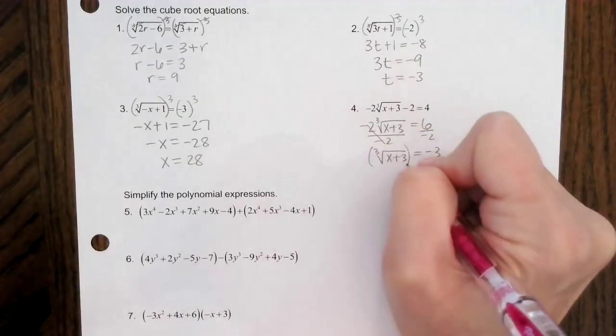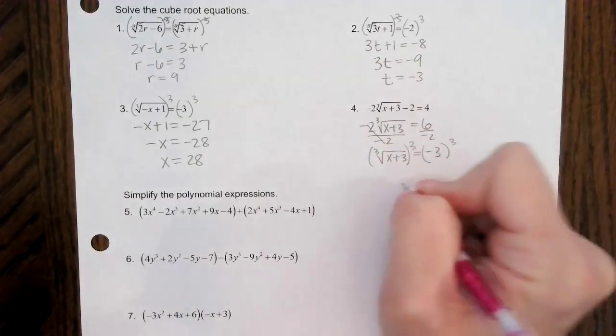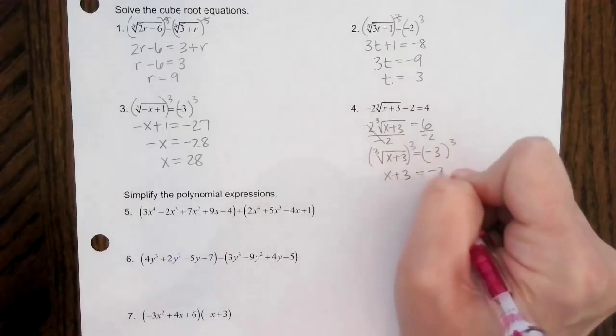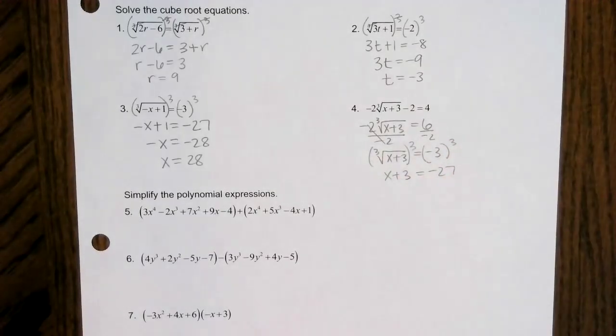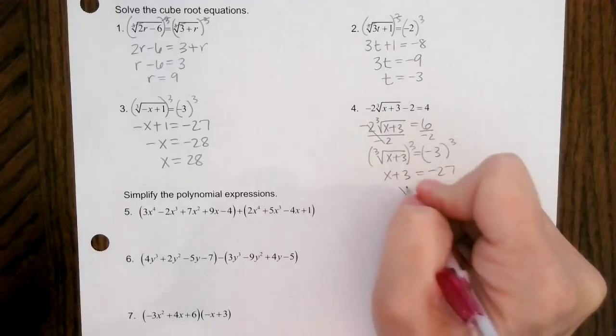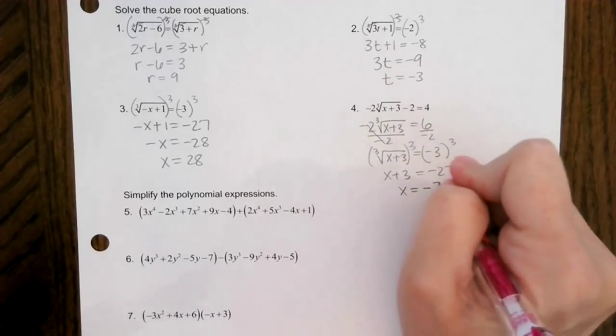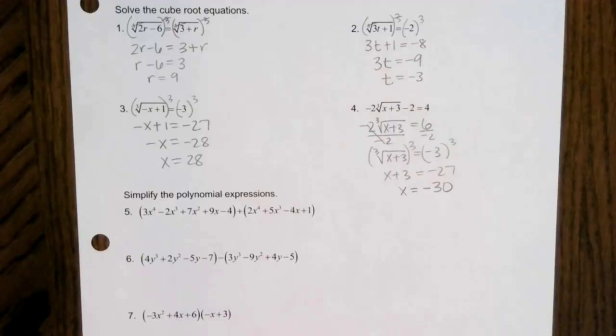Now we're ready to cube both sides. And so x plus 3 is equal to negative 27. I subtract the 3, and I get negative 30. So that's solving our cube roots. Again, it's very similar to what we did with our radicals.